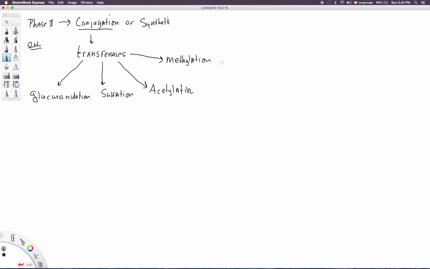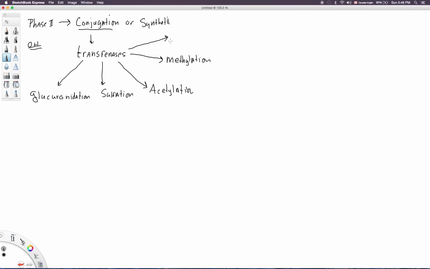And in general, the conjugation reactions involve adding a polar group. The modified glucose, the sulfate, the acetyl, these tend to be a bit more polar, but just know that methyl groups tend to not be polar at all. They tend to be nonpolar. They tend to be lipophilic. So there are always exceptions to these rules of thumb that we talk about.